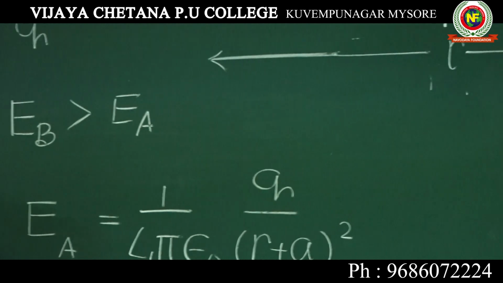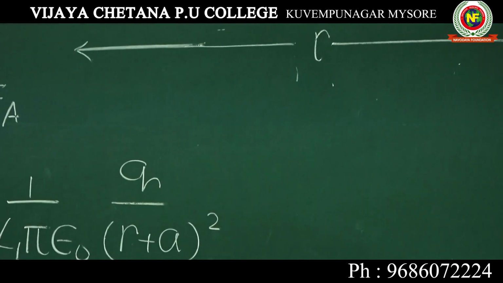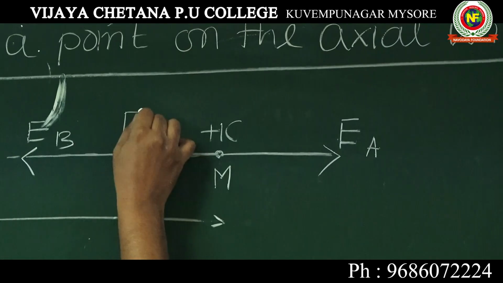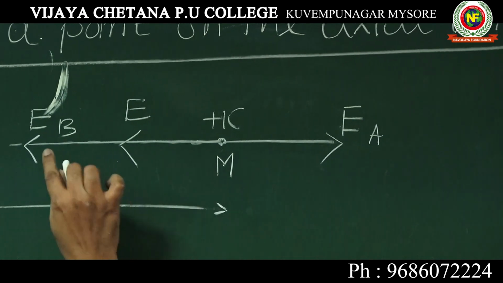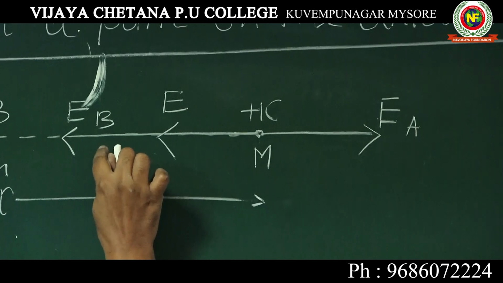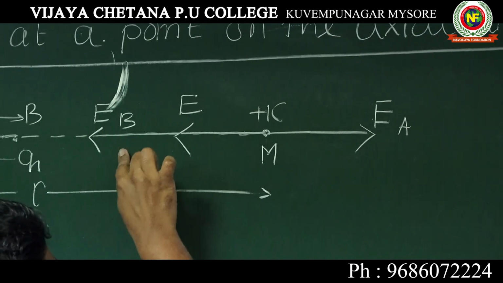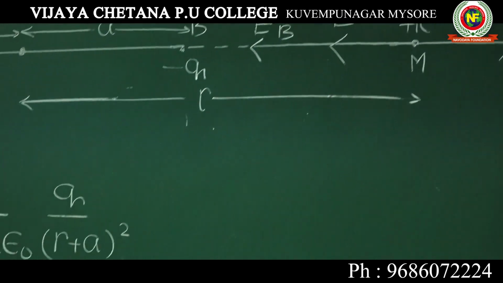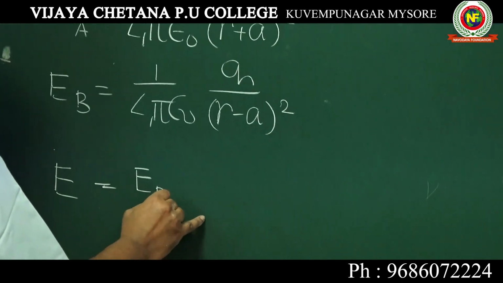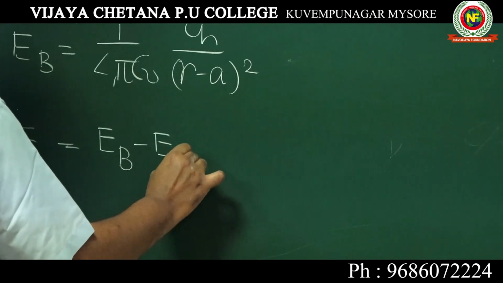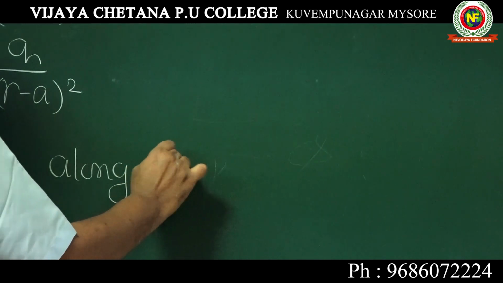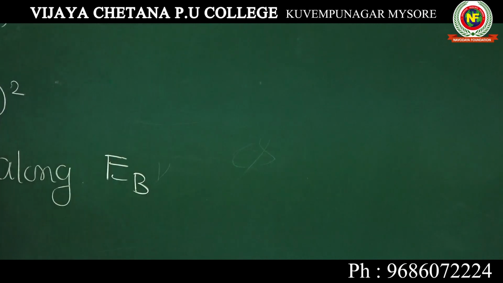Okay. Now, EA and EB are acting in opposite directions. Therefore, the net electric intensity E will be along the direction of the greater vector EB, and it will be the difference of EB and EA. Therefore, net electric intensity is EB minus EA, and it is along the direction of the greater vector, that is EB.